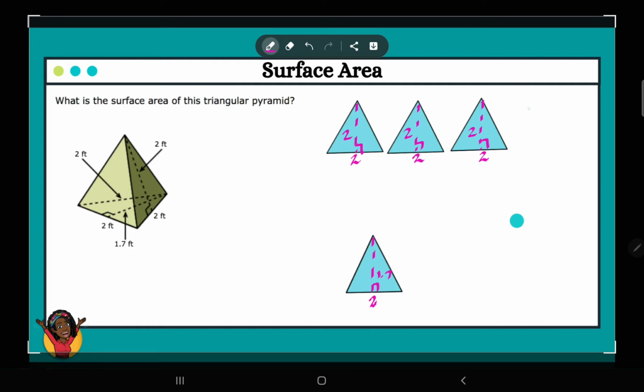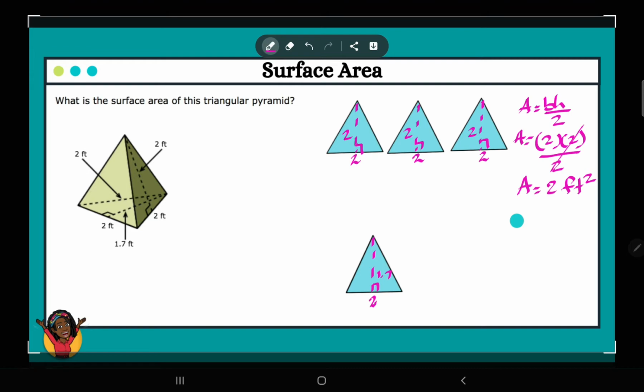The formula for calculating the area of a triangle is either a half base times height or base times height divided by 2. So let's plug that in. We have here 2 times 2, and that's being divided by 2. One shortcut is that 2 times 2 is 4 and then divide it by 2, but we know that these can also cancel out, which means that the area is going to be 2 feet squared for each of our triangles.